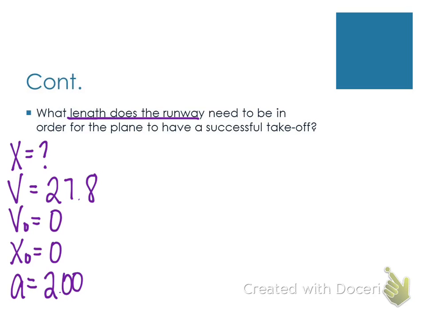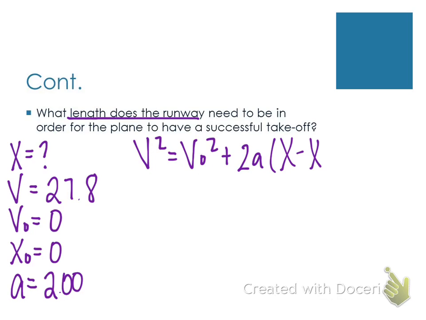We still don't have time, right? They didn't give us time yet. So we can still use that same equation. V squared equals V sub O squared plus 2a times x minus x sub O, right?